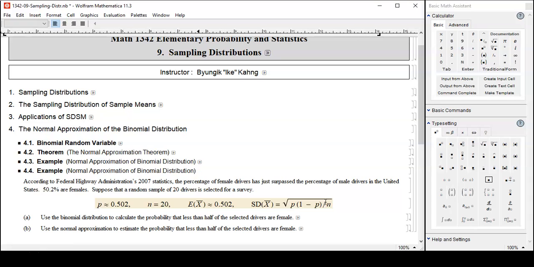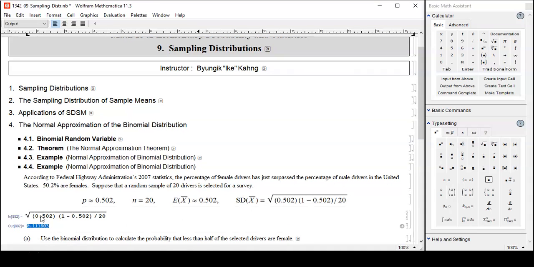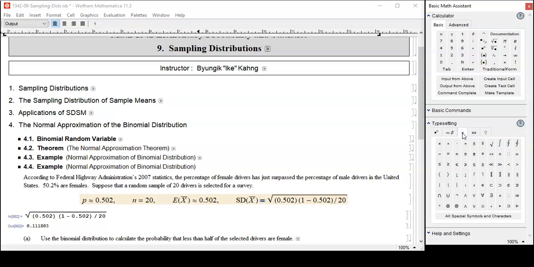That's the formula, isn't it? So we have to do this computation, 0.502 times 1 minus that, and divide by the number of repetitions, that's 20. And then if you run your computation, it's going to be about this much, 0.11 something.